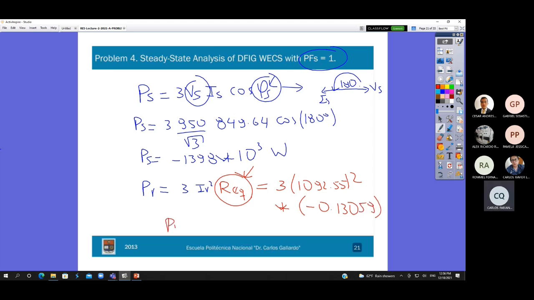Therefore, the rotor active power is negative 467.64 times 10 to the power of 3 watts.